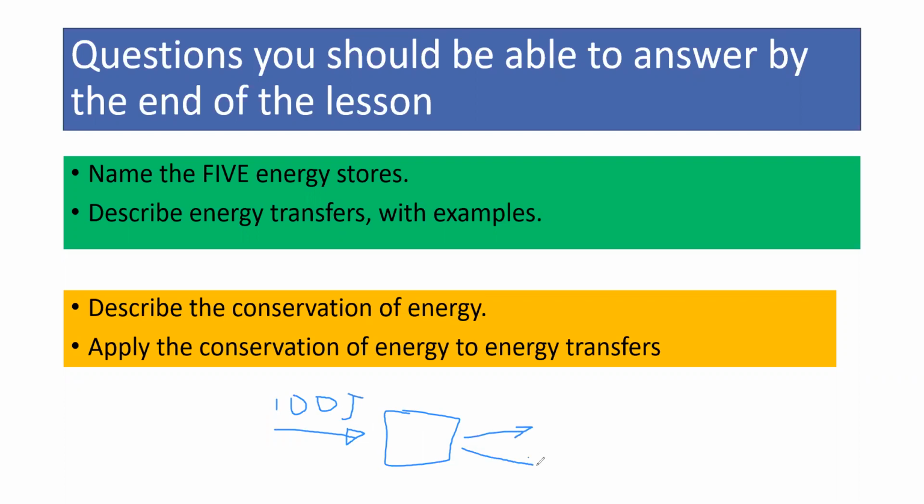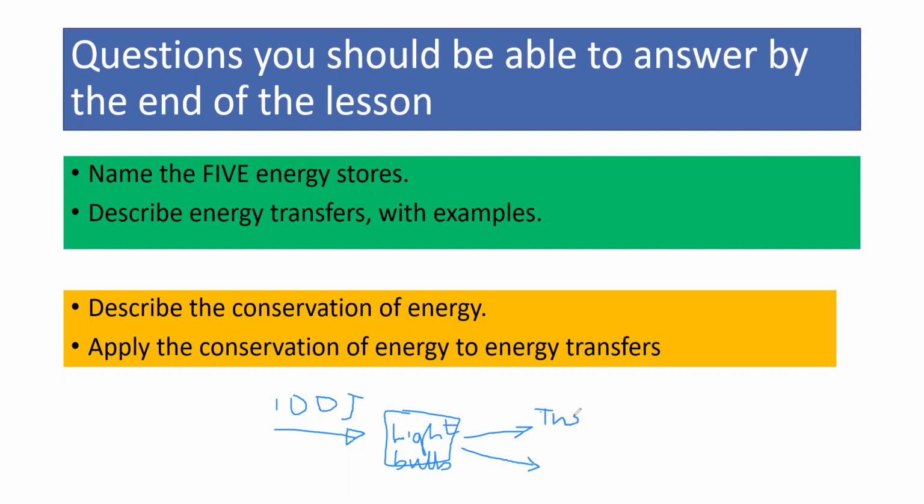Let's assume this is a light bulb. Basically, the energies that will come out will be heat and light. So you get heat or thermal, and then you get light.